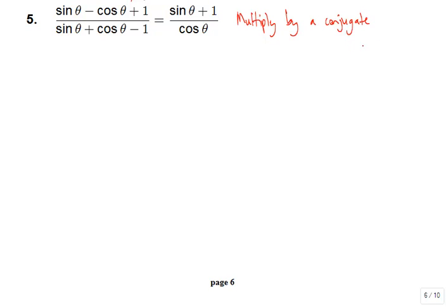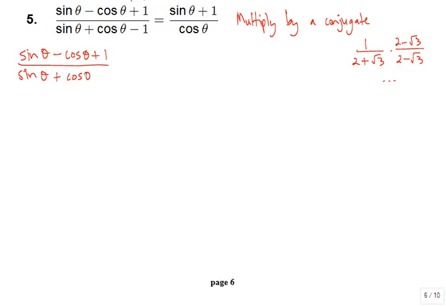For example, if you saw 1 over 2 plus square root of 3, to rationalize the denominator, do you guys remember you would multiply this by 2 minus root 3 on top and bottom, and then go from there? Well, that's what we're going to do here. We're going to multiply by a conjugate. So I am going to take this fraction on the left side, and I am going to multiply by a version of it.